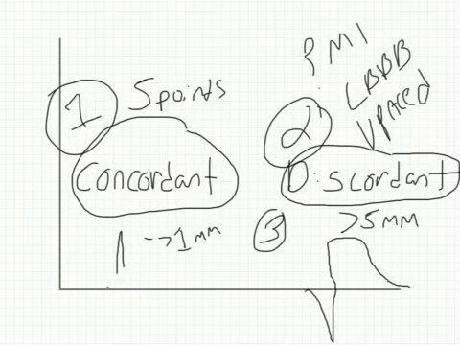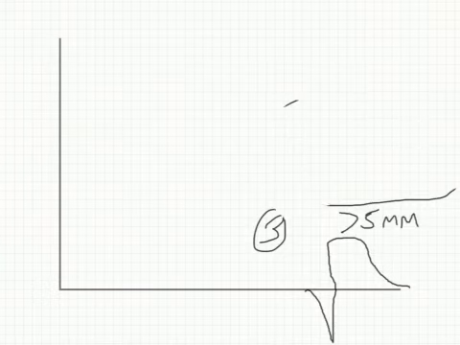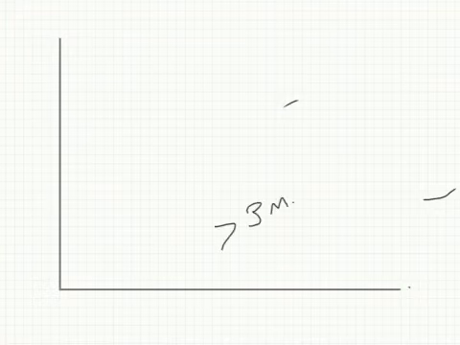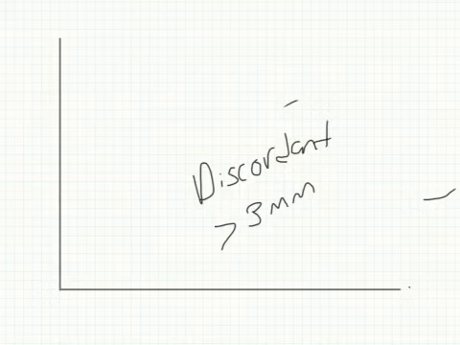The third criteria has to do with depression. So if we have greater than 3 millimeters of discordant depression, that is the third criteria.